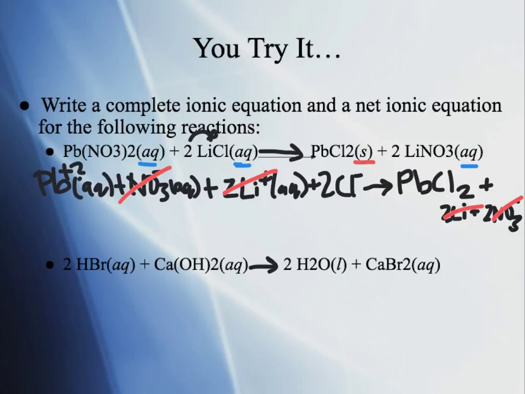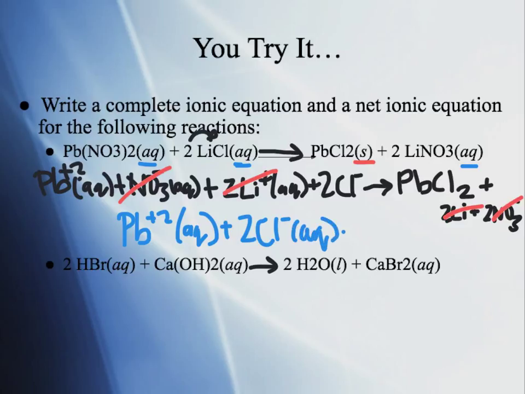And so what we're left with, if we cross all of those guys out, is our net ionic equation, which is just Pb 2+ aqueous, plus 2 chloride ions react to form PbCl2, that is a solid. Dun, dun, dun. And there you go.